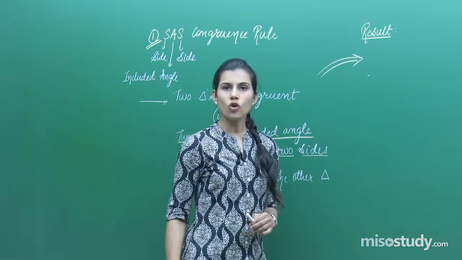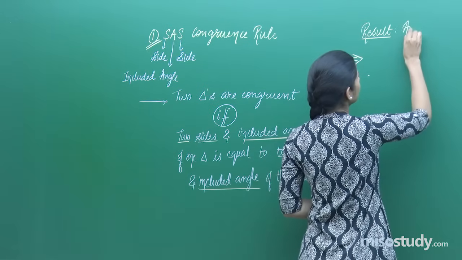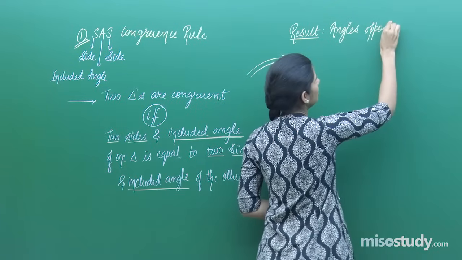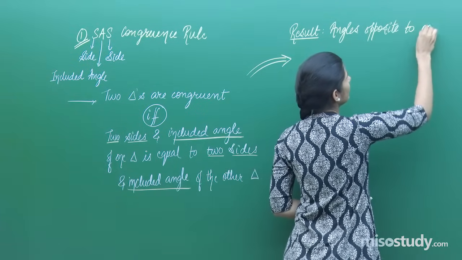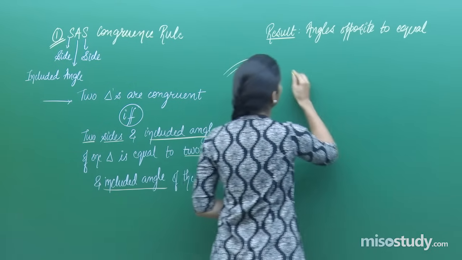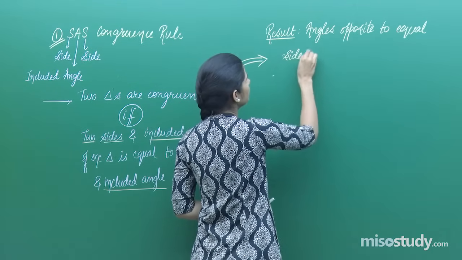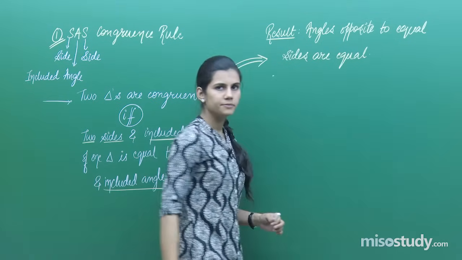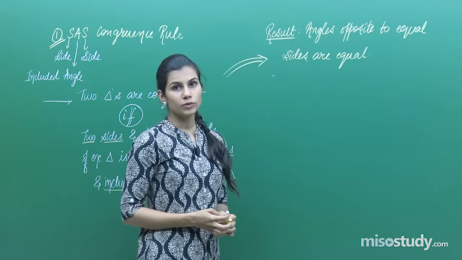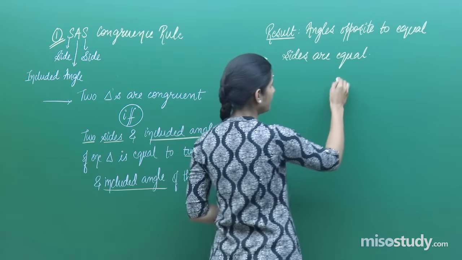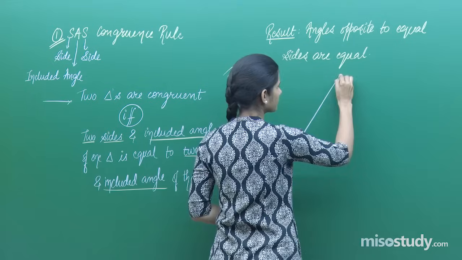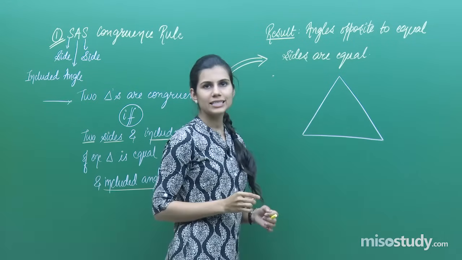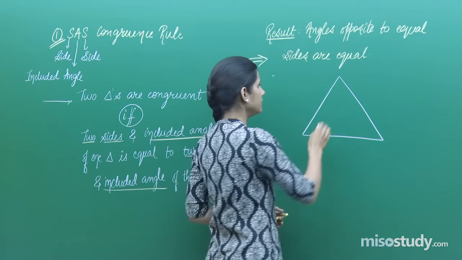A very beautiful application of the SAS congruence rule is this result, which says that angles opposite to equal sides are equal. For example, you have a triangle in which two sides are of same length.